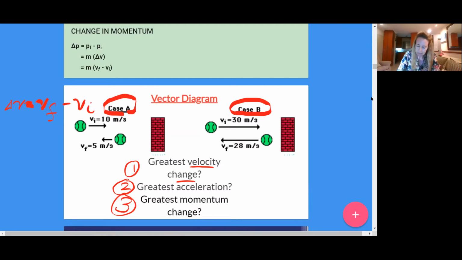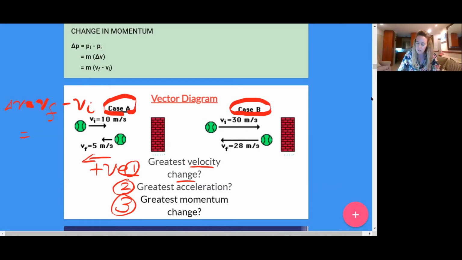The final velocity, before we continue with that, because we are dealing with vectors, you now have to choose a direction to be positive. If we choose away from the wall, for example, to be our positive direction, clearly towards the wall would be denoted by a negative sign, because that goes in the opposite direction to our positive direction.